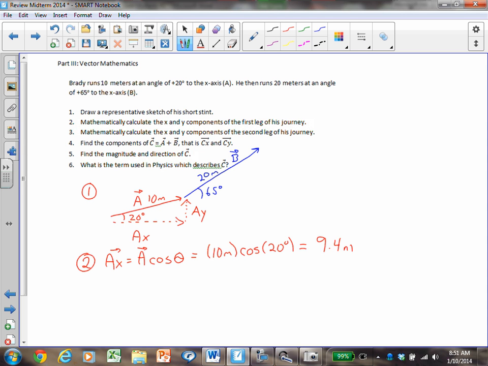And then Ay, what's the formula for Ay? Who wants to tell me that? Kelly? Which other one? That's okay, those are the review packets.